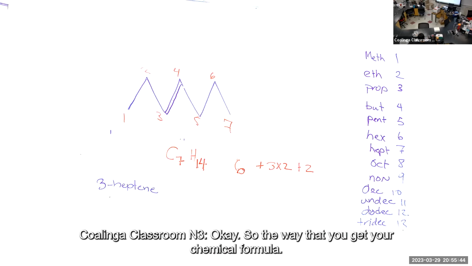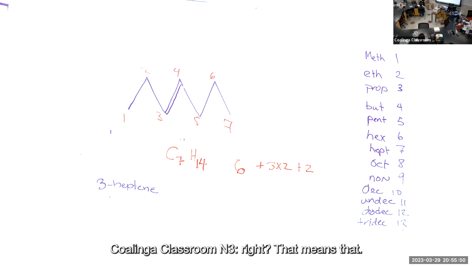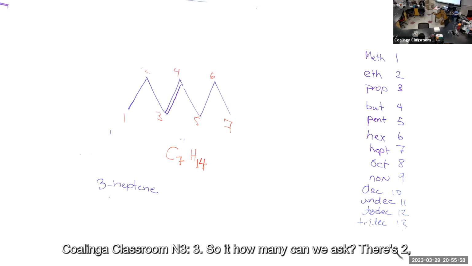So the way that you get your chemical formula is 7, because it's hept-, right? That means 7 carbons. And at the end, each end has how many hydrogens? 3. How many ends do we have?